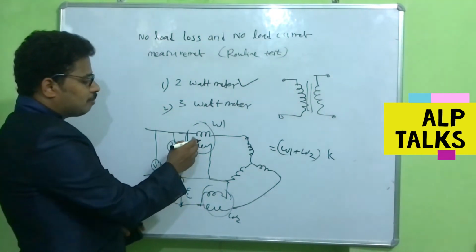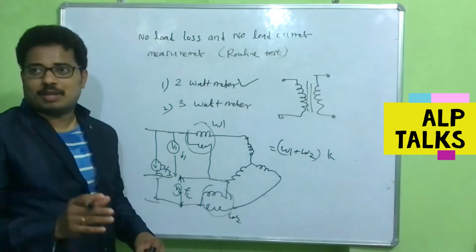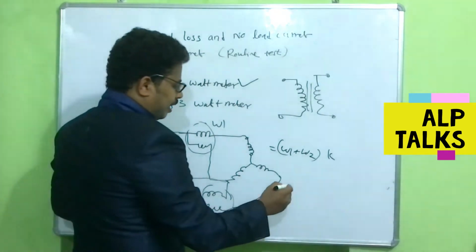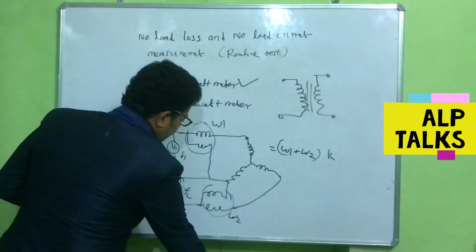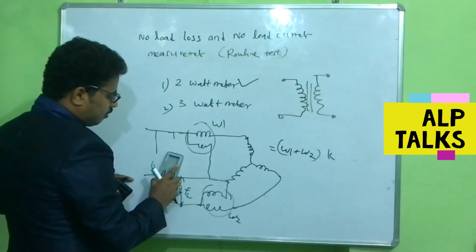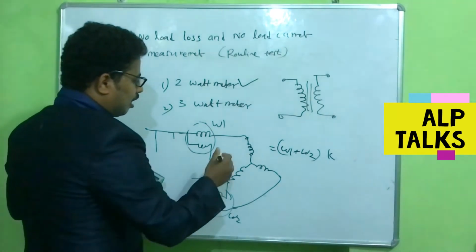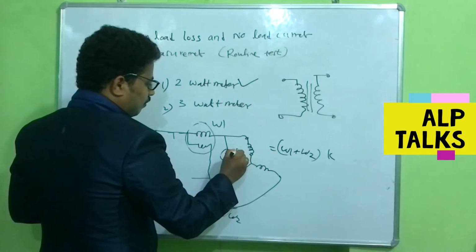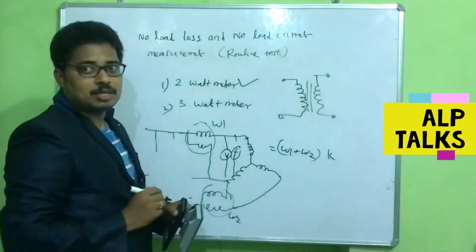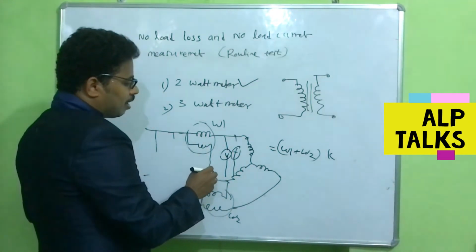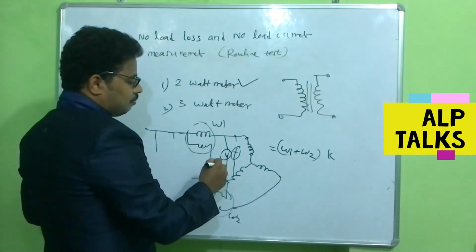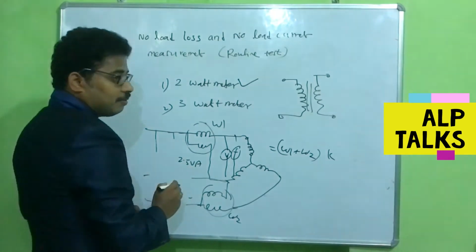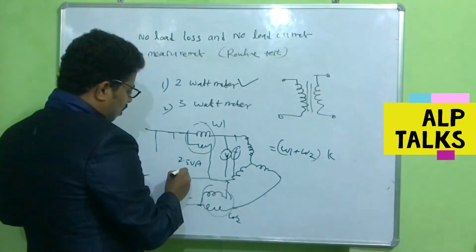Why? Because the wattmeters will measure only the actual no load loss. Otherwise, there is some other case. For example, this voltmeter V1 and frequency meter F1, we can connect here also. But in this case, the voltmeter burden is generally around 2.5 VA, and the frequency meter burden will be around 5 VA.